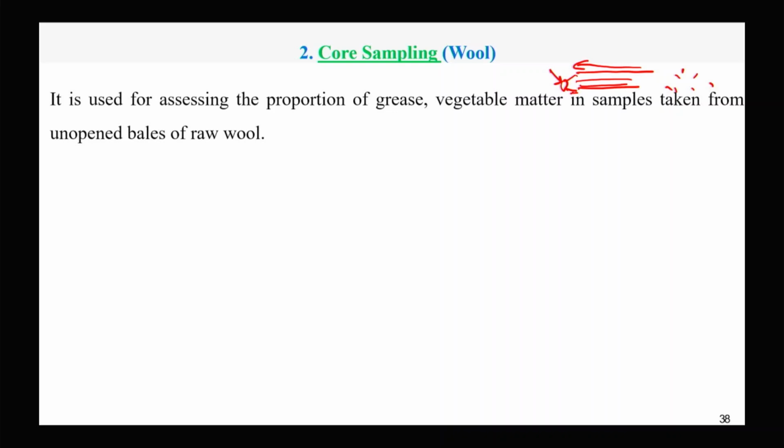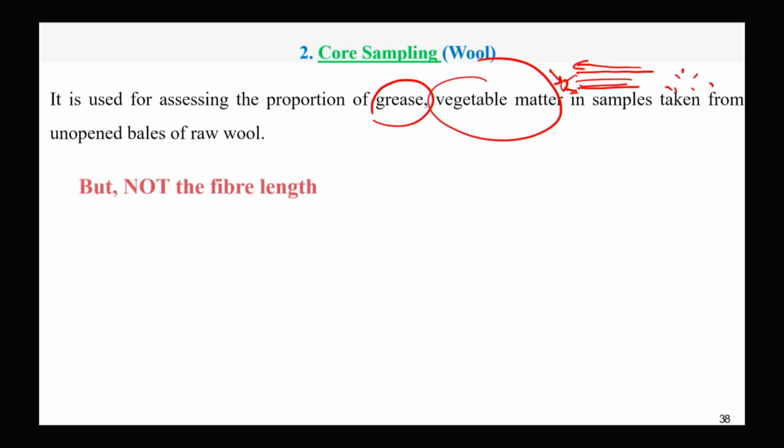What we can test is the grease content, the vegetable matter, the diameter of the fiber, and also the moisture content inside the bale, but not the fiber length.